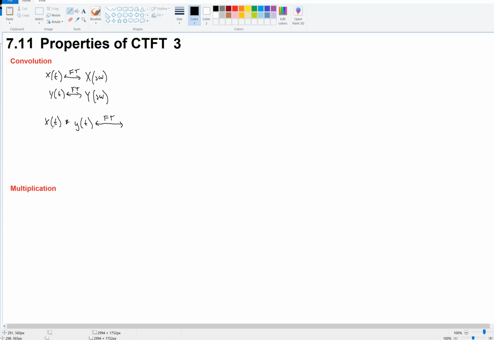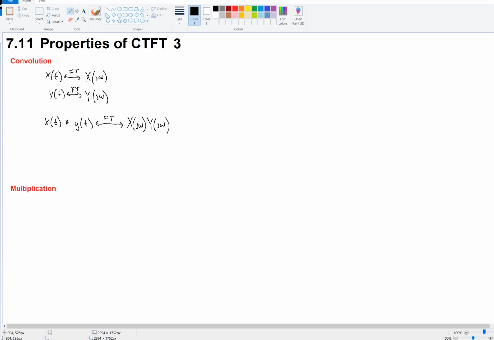So we have a signal that's the convolution of x with y, and it turns out that signal's Fourier transform is the multiplication of capital X with capital Y. That is to say, the operation of convolution in time is the multiplication operation in frequency.